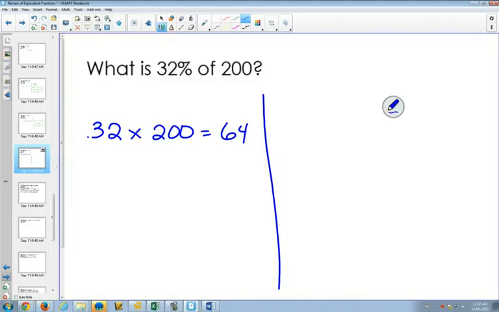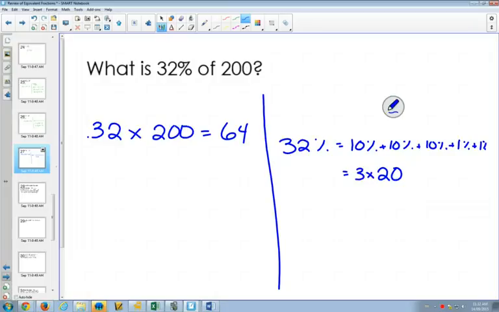Awesome. If you did it mental math, you might have said to yourself, well, 32% is going to be 10% plus 10% plus 10% plus 1% plus 1%. So I have 3 10%, and 10% of 200 is 20. Can I just write 3 times 20? Are you okay with that?